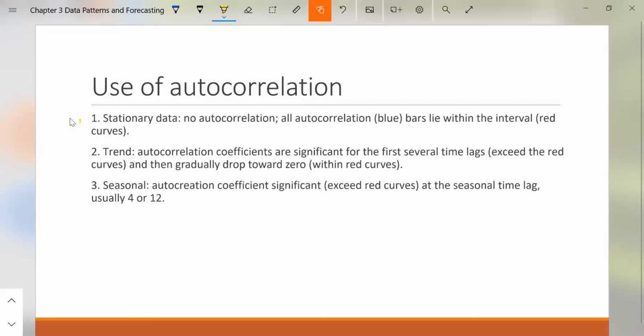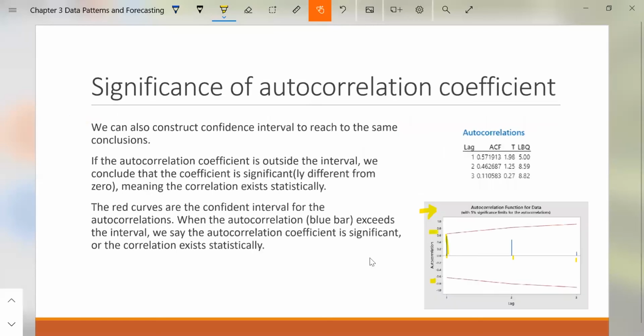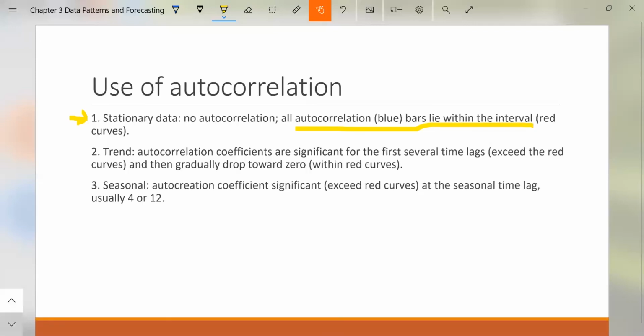For stationary data, that means there's no autocorrelation, and the data are just random. We would expect that all autocorrelations lie within the interval, or in other words, all the blue spikes are within the red curves graphically, right? All the blue spikes are within the red curve. That means our data is stationary and there's no autocorrelation.